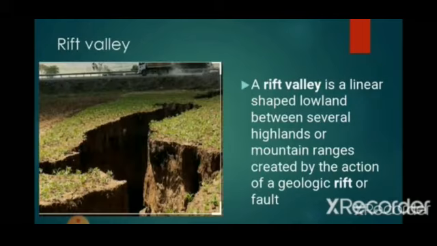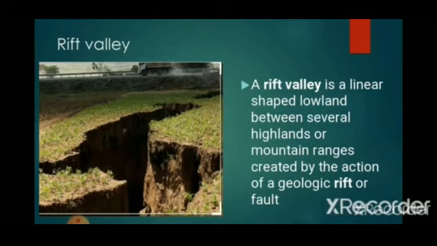Now we'll see what is a rift valley. When we hear the word valley, we have heard about U-shaped valleys, V-shaped valleys, etc. When we hear the word valley, we feel that it's a place which is between two mountain ranges. But a rift valley is a little bit different from what we usually see. It's a valley which is formed when a geologic rift happens, or when the earth moves apart and a rift is formed, resulting in a rift valley.